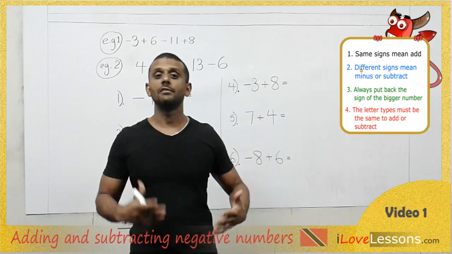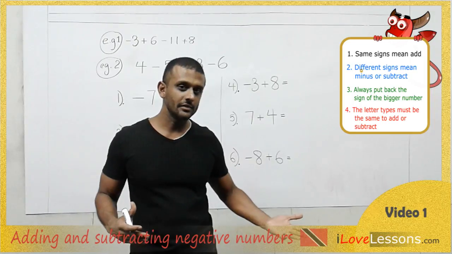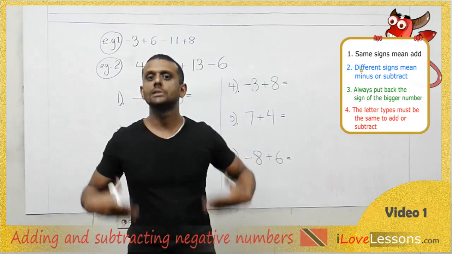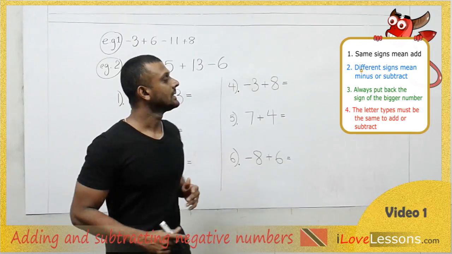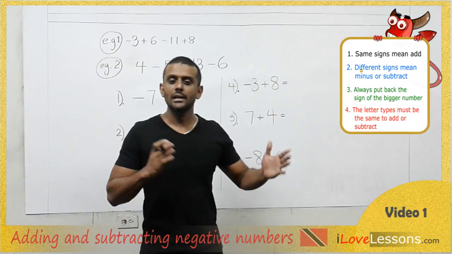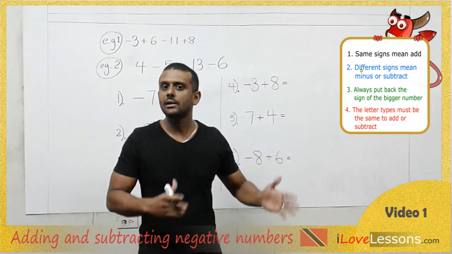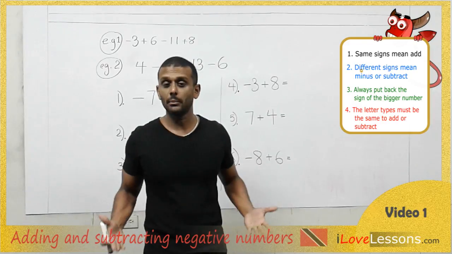If they have different signs, like one is positive and one is negative, you just do the opposite. You subtract, or minus. Rule number 3 simply states that at the end of the question, after you add or subtract, you always put back the sign of the bigger number.